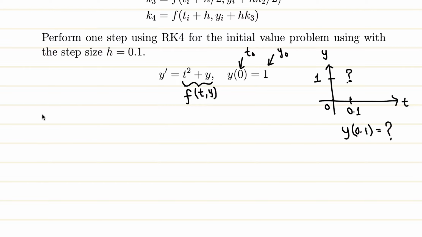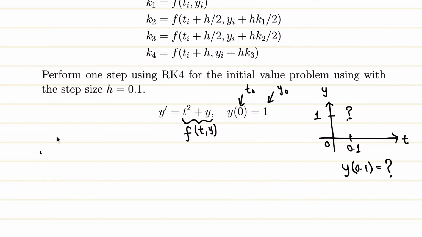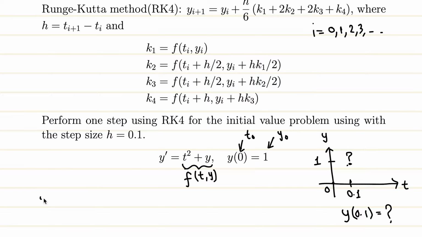Then we get y1, the next point, which is what we want to determine. y1 is y0 plus h over 6 times k1 plus 2k2 plus 2k3 plus k4. I forgot the y0 here, because we are taking i equals 0.